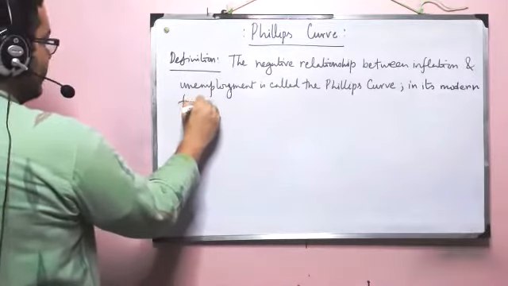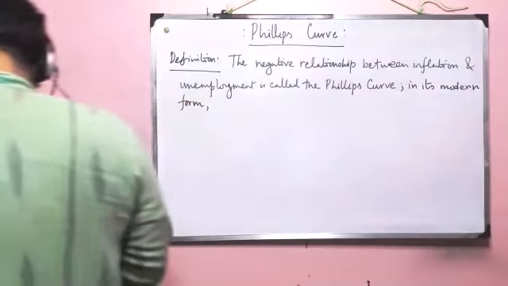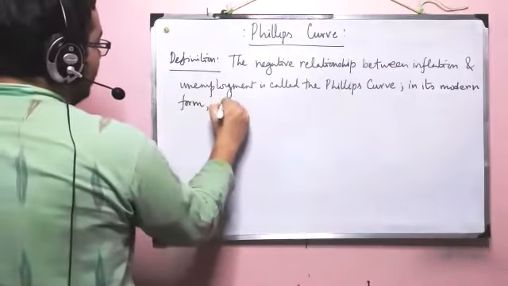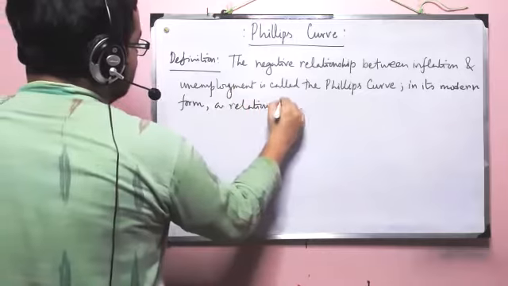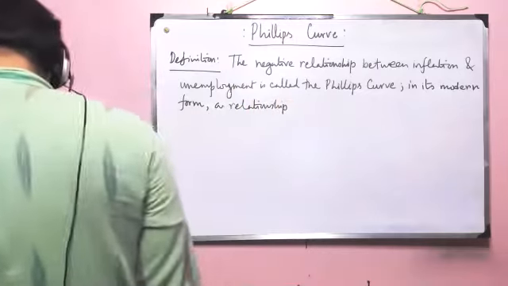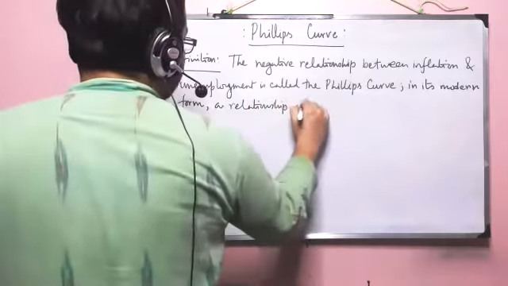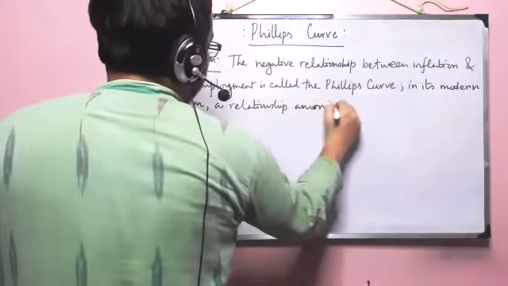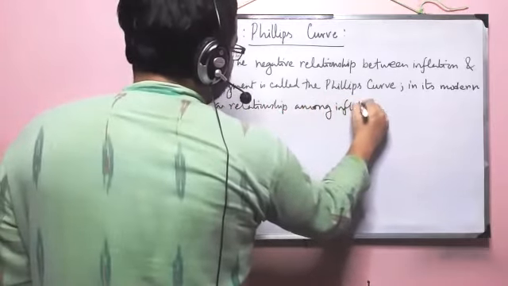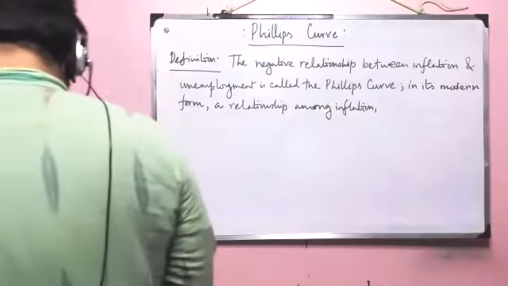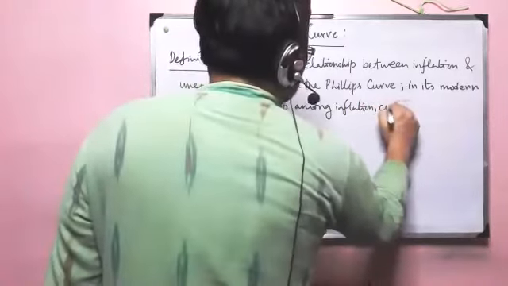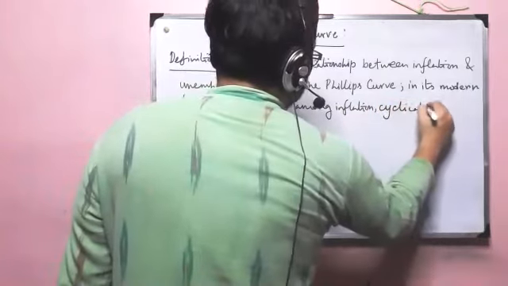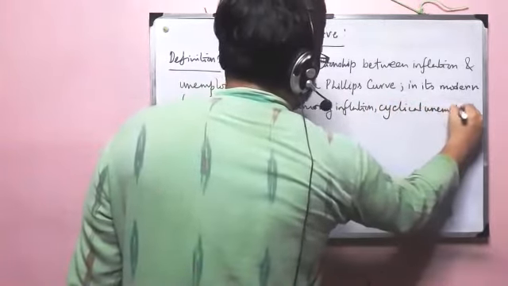So in its modern form, a relationship among three things actually. So first is among inflation. So that is there. Then we have a stricter idea of unemployment, which is cyclical movement. Cyclical unemployment.